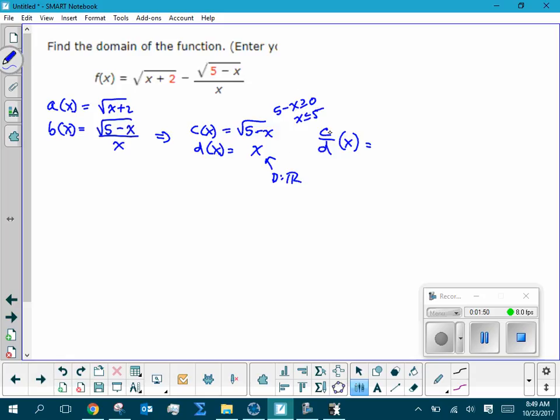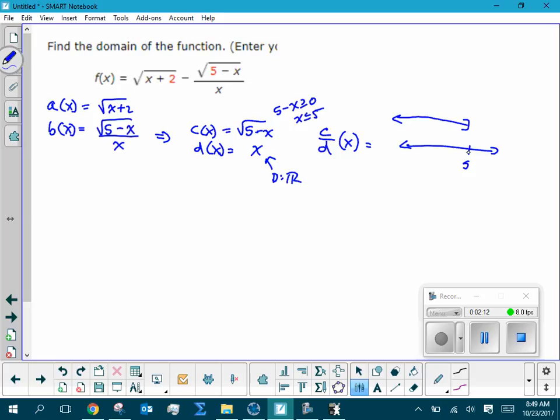So then the domain of c divided by d: if x is all real numbers, then the domain of c divided by d is going to be the intersection of all real numbers with x less than or equal to 5.